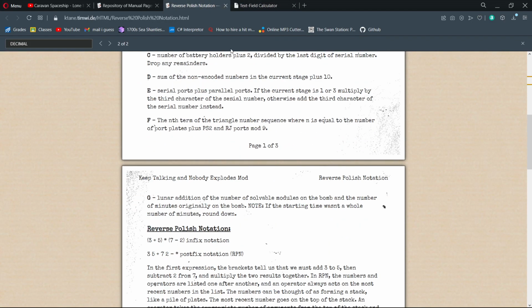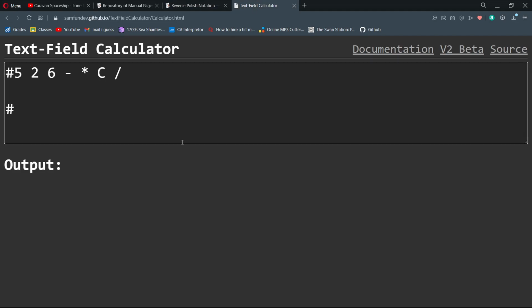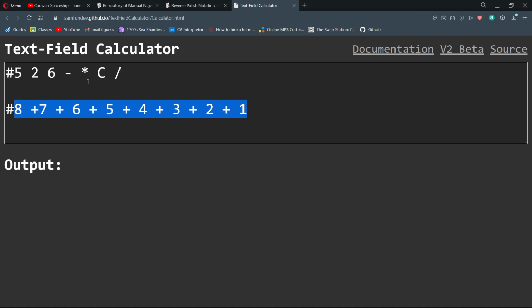If we were to have, let's say, 8, we do 8 plus 7 plus 6 plus 5 plus 4 plus 3 plus 2 plus 1, which would be 36. Now, if you aren't a huge fan of calculating this, you could always just look it up.